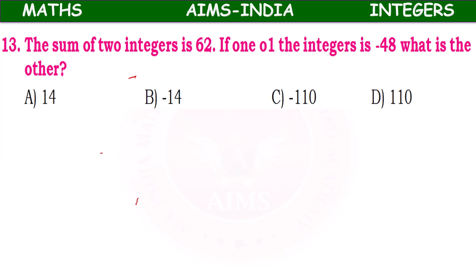Next. The sum of two integers is 62. If one of the integers is minus 48, then what is the other? Sum of two integers: x plus y equal to 62.